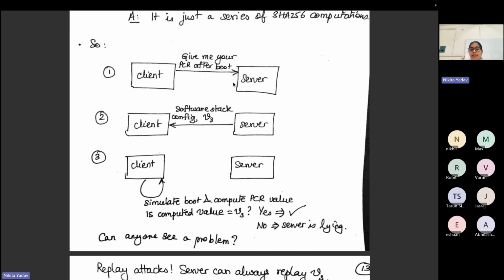So there is no freshness here. We don't know whether this value v3 was computed upon my request, or the server had already computed it sometime before, and now it is just sending me this value. That is possible here.